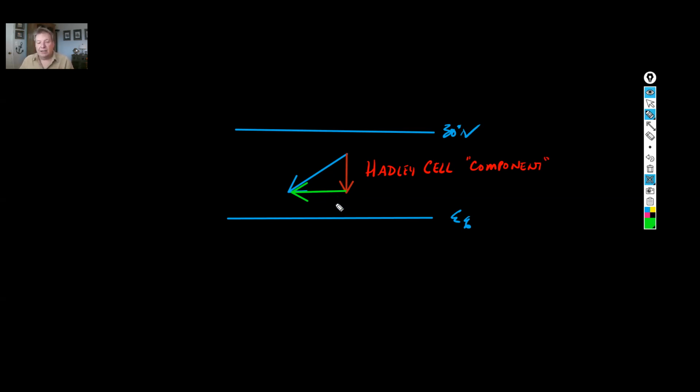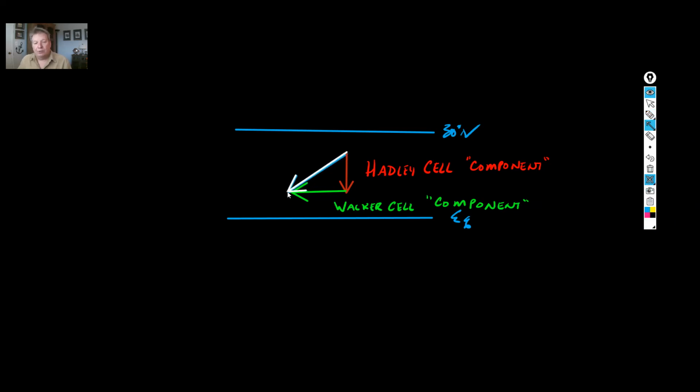So that is the Walker cell component. Okay? So let's go back to an arrow here representing the winds.